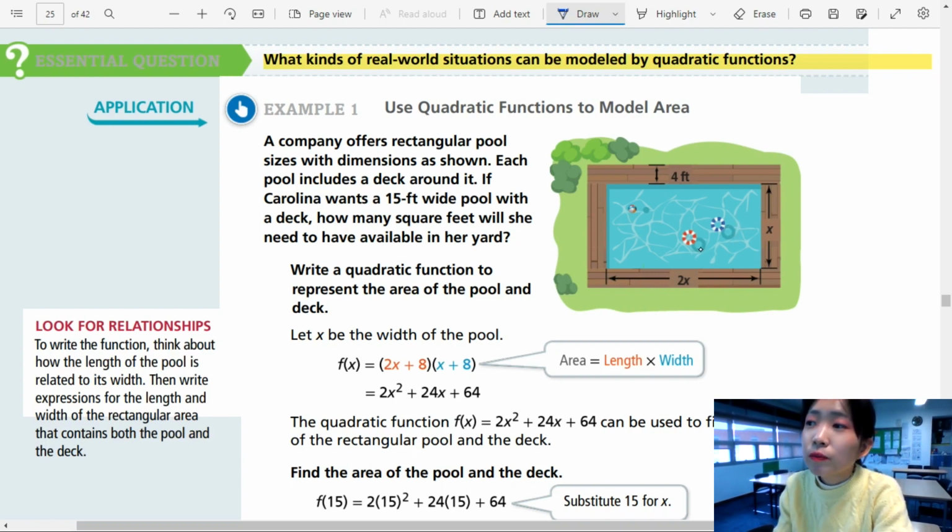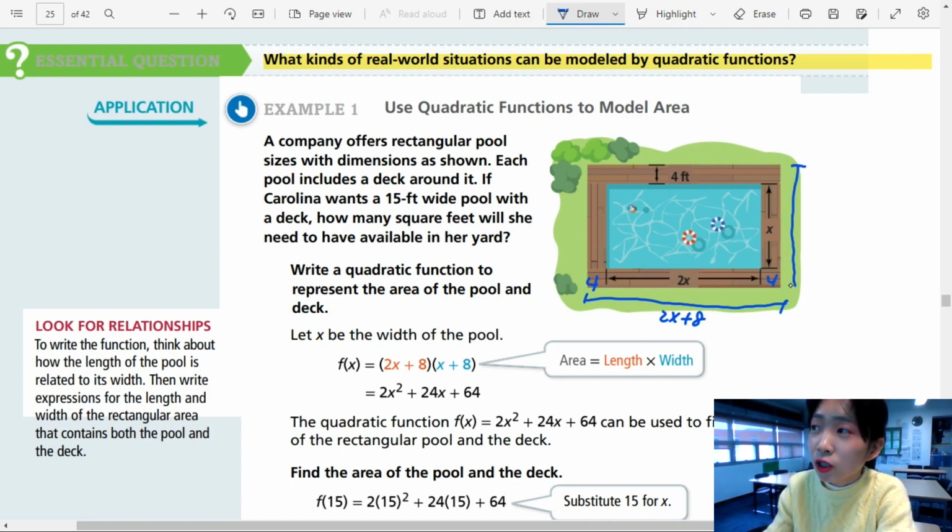So first, 2x plus 4 plus 4 represents our length for the entire thing, right? So this entire thing, 2x plus 8, okay? And then if we look at the width, this entire thing should be 4 plus x, right? So x plus 8 represents the width of the entire thing.